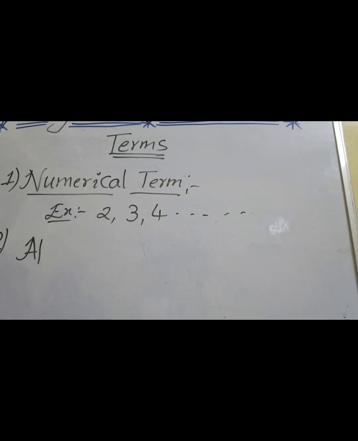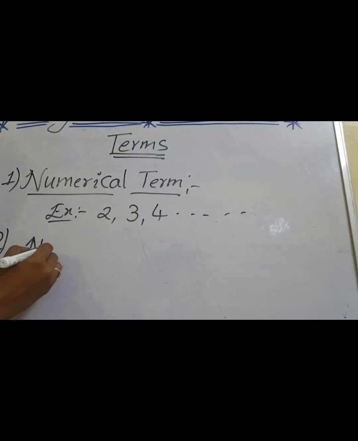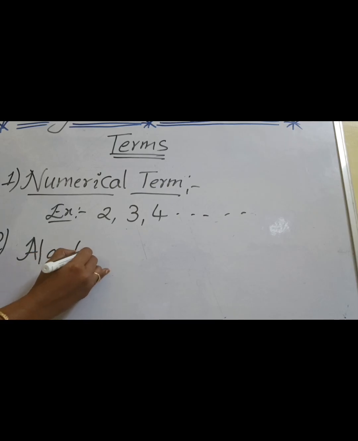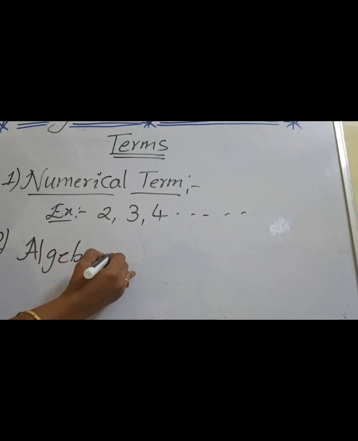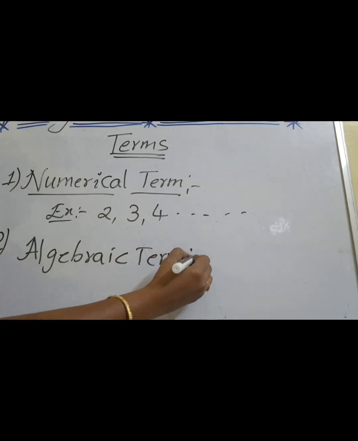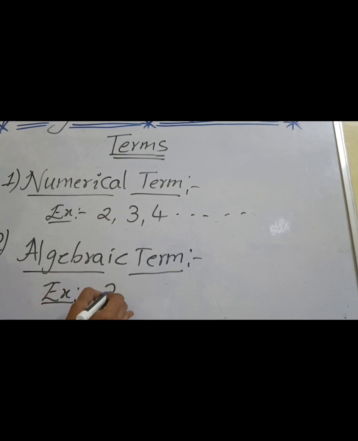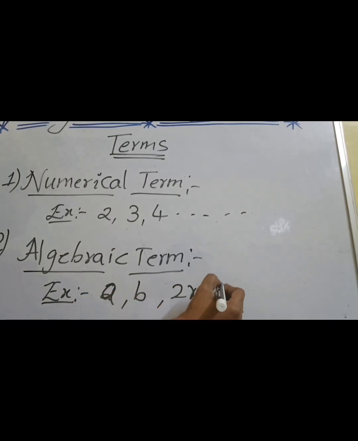And the next one is algebraic terms. In numerical terms, only numerals will be there. What are algebraic terms? Variables will be there in these. For example, a, b, and 2x and 3y and so on.